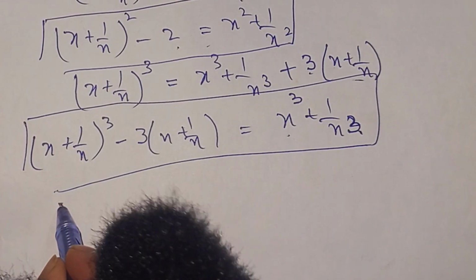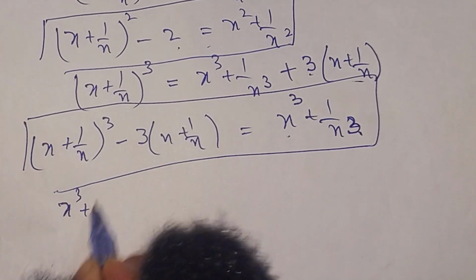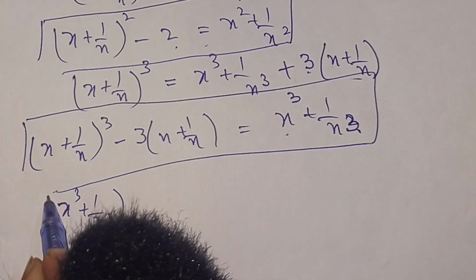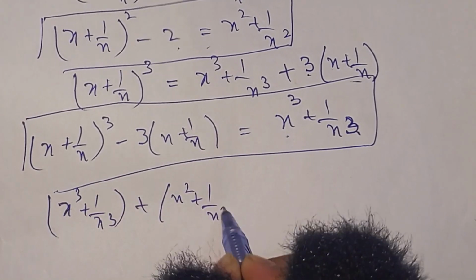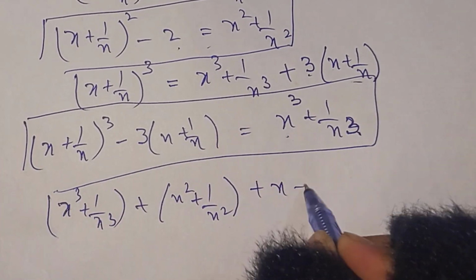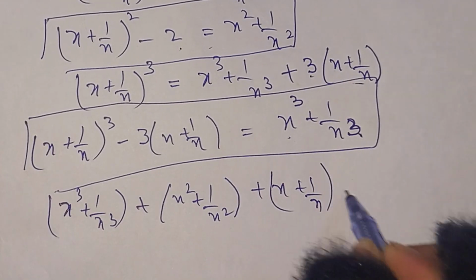Here we write equation number 1, which is x³ + 1/x³ + x² + 1/x² + x + 1/x, equal to 28.